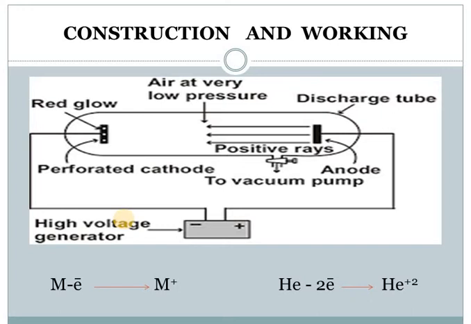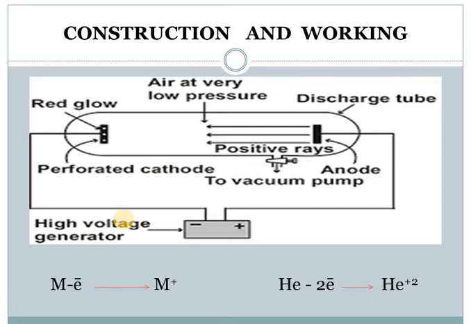So if it comes in exams to explain why they are named canal rays, you have to tell the reason that as there is perforation in the cathode electrode and the positive charges are passing through those perforations, it is named canal rays. If we take any atom M and knock out an electron from it, that is M minus an electron, the leftover material has a positive charge on it, that is M+.